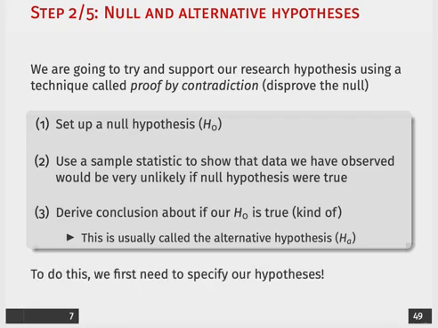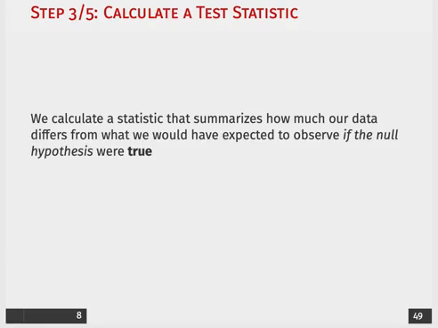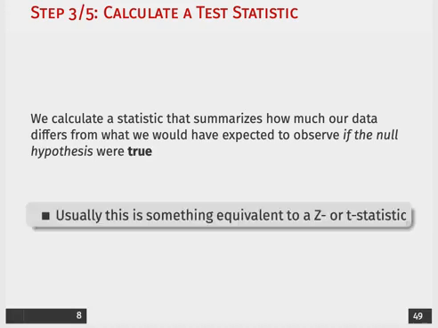But before we can make any conclusion as to whether or not a hypothesis is true or not, we need to actually specify what that hypothesis is. And we're going to do that in our third step by calculating a test statistic. This test statistic is going to summarize how much our data differs from what we would have expected to observe if the null hypothesis was true.